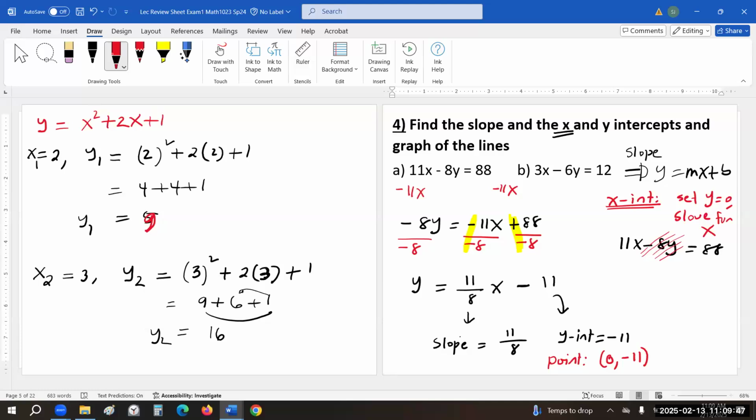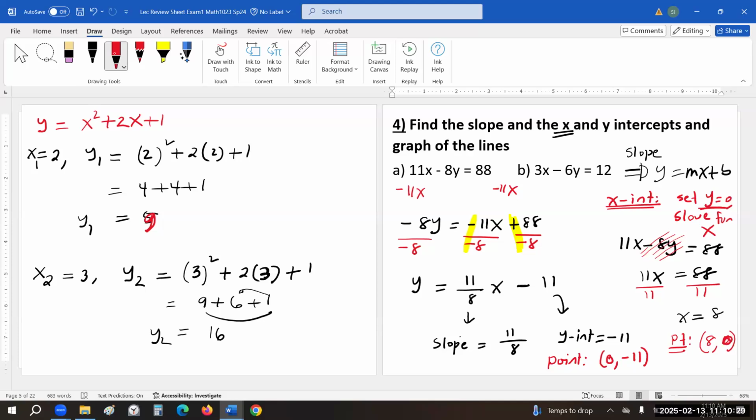We erase the y, so you're left with 11x equals 88. We are solving for x, so we get x equals 8. But they need a point. So how do you write the x-intercept? 8 for x and y is 0. See, we set y to 0, so our y value must be 0.